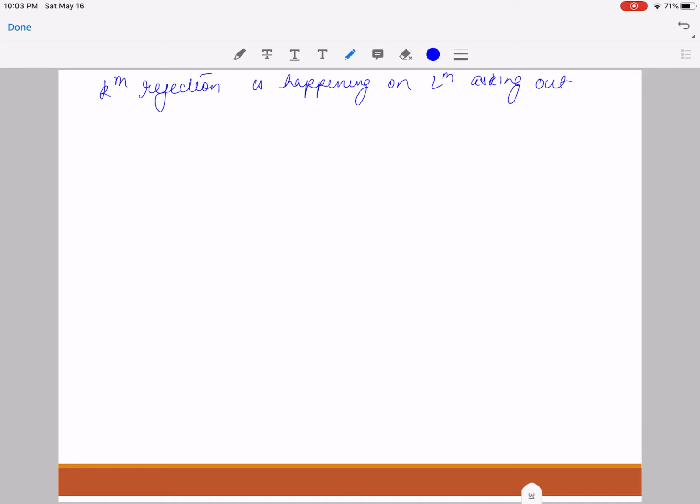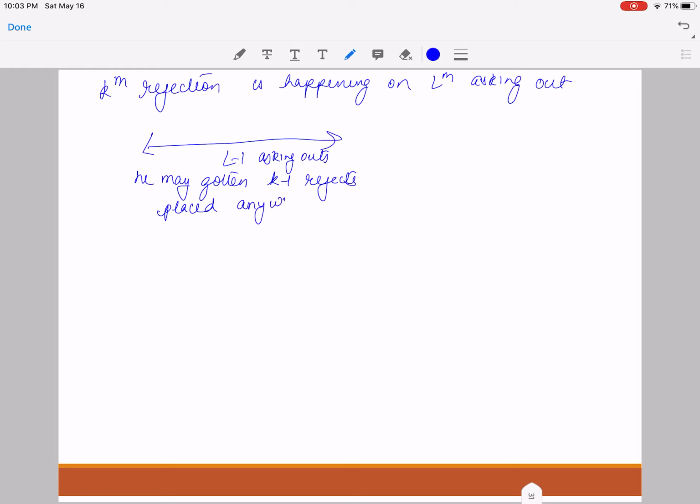So that would mean that in the first L minus 1 asking outs, he may have gotten K minus 1 rejects placed anywhere, with each asking out having probability Q for rejection.